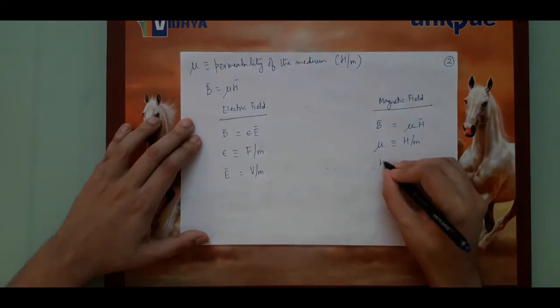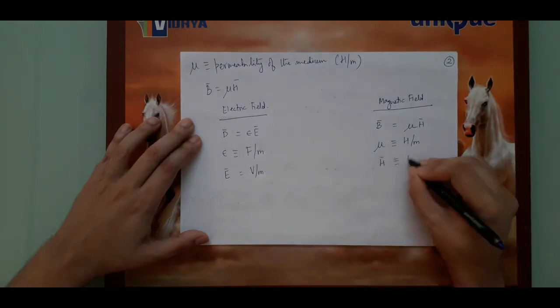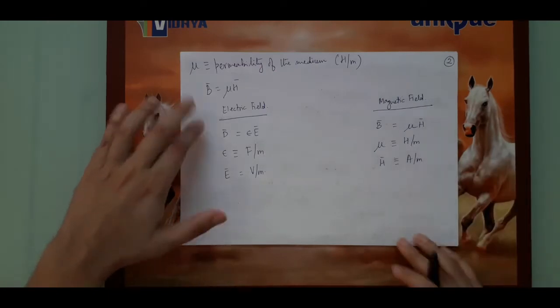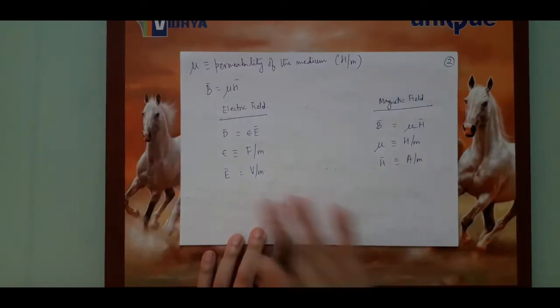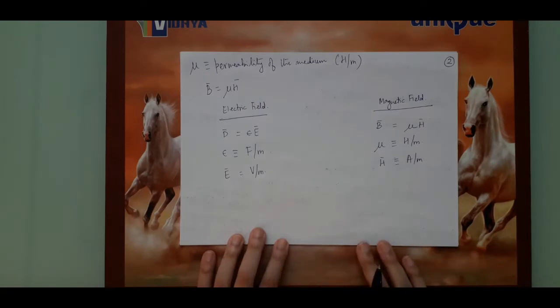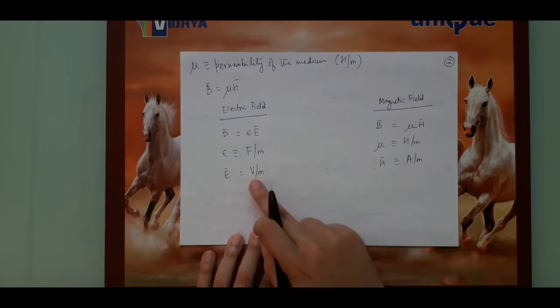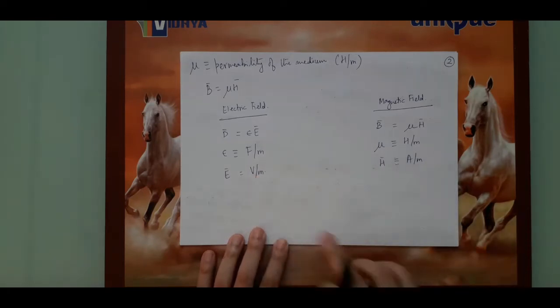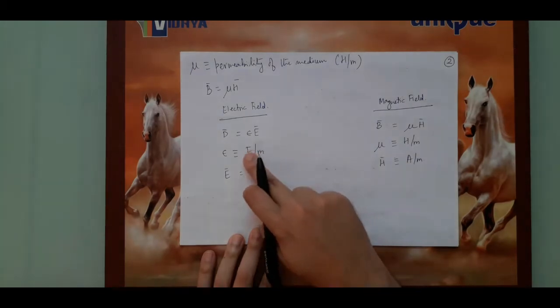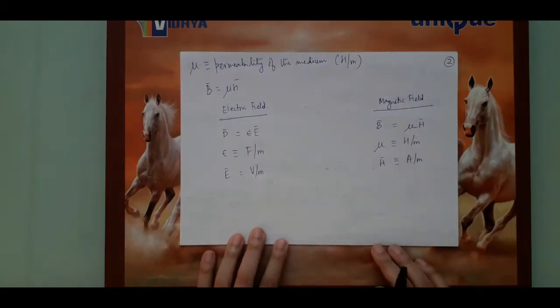Whereas if you look at the unit of magnetic field, it is ampere per meter. So this shows us something which is intuitively very interesting. Here we are dealing with volts and here we are dealing with amperes. Here we are dealing with capacitance in farads, here we are dealing with inductors in henries.